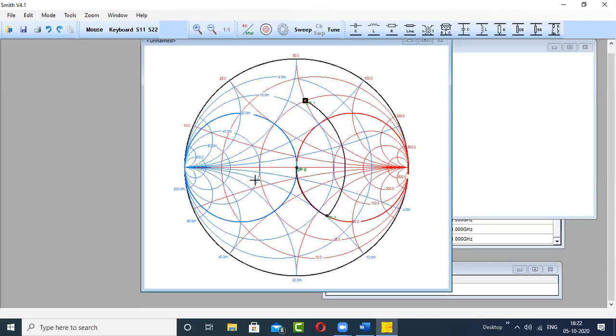Sir, I think if we have this Smith chart, then by looking at this, we can tell the number of components. How are you going to decide?